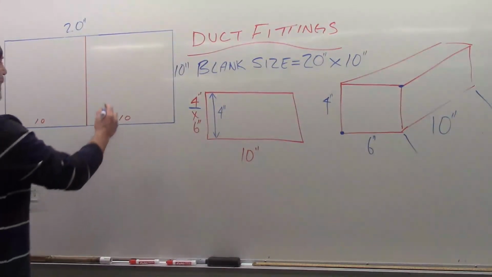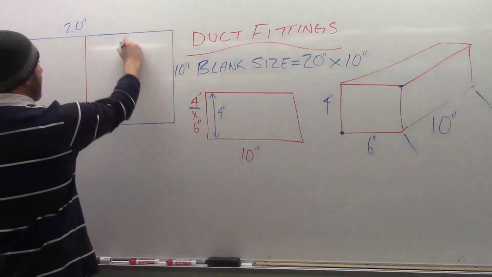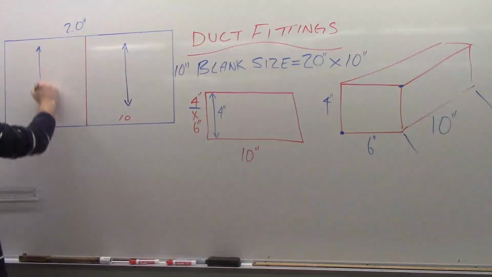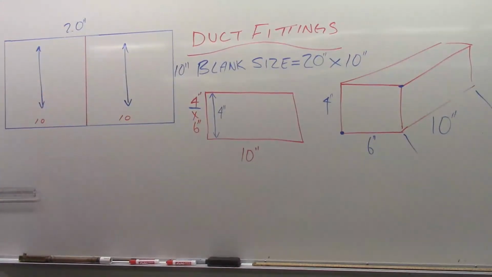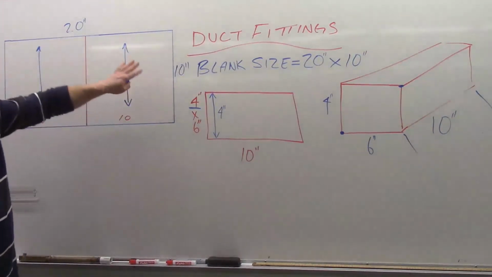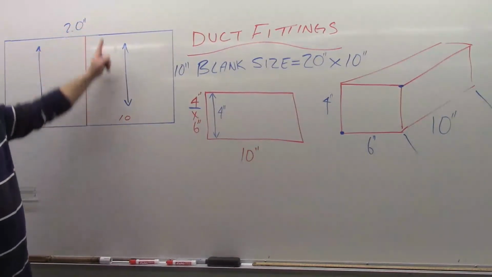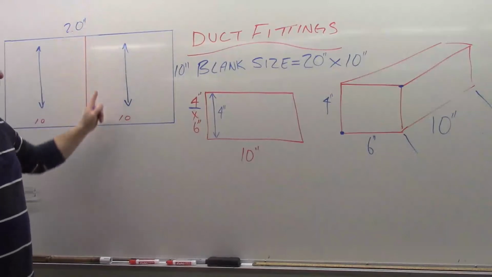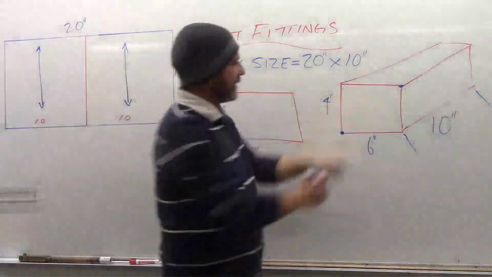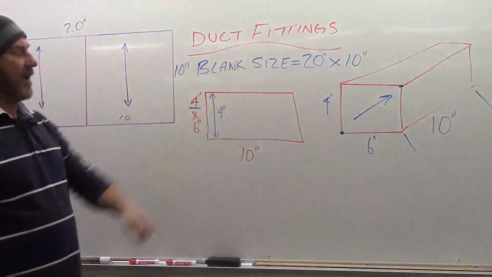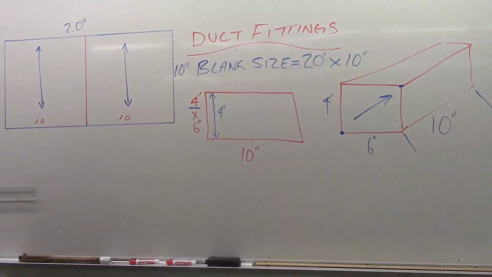Now, first thing, as always, we want to put an arrow in the direction of airflow. And this just shows me that this is the perimeter where I'm going to do some bends on it. And this is the length where the air is actually flowing through it this way. So we're looking at it going like this, right? Air traveling down the length of the duct. And that just keeps us on track for doing our layout there.